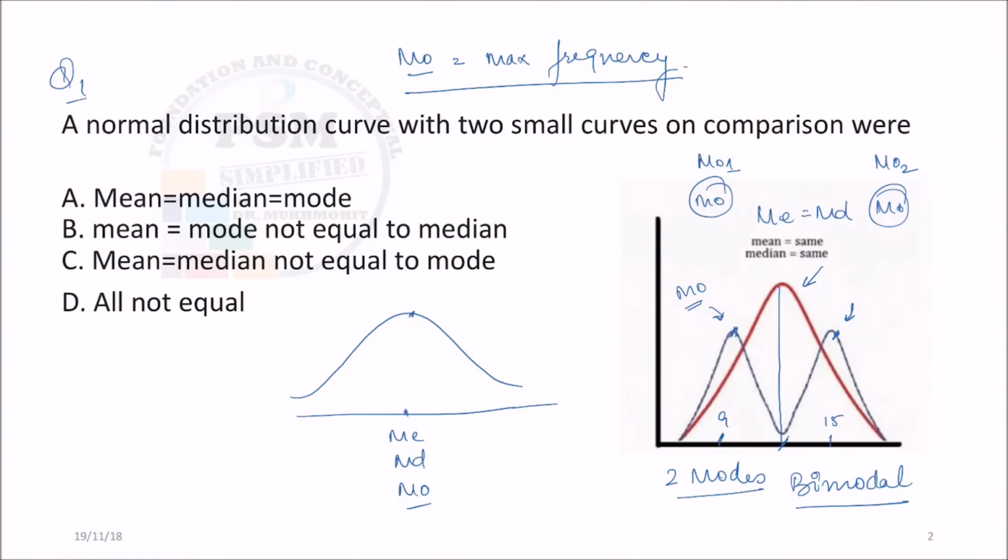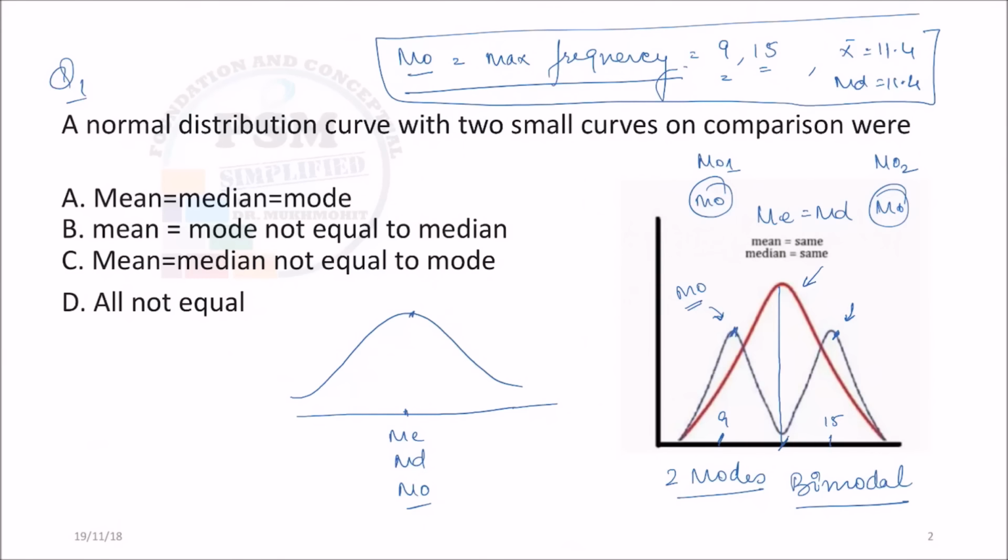Let us say the mean was 11.4 and the median was also 11.4. That's how this curve would look. It is a simple question testing your biostatistics concepts, so we go with the option: mean equal to median, not equal to mode.